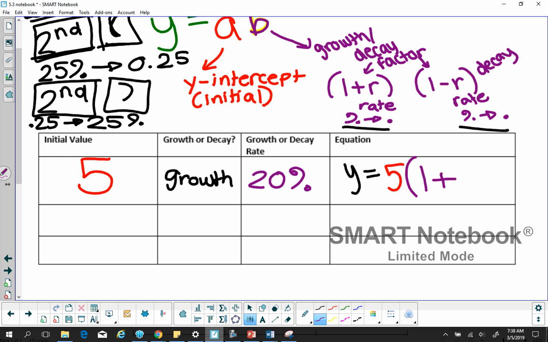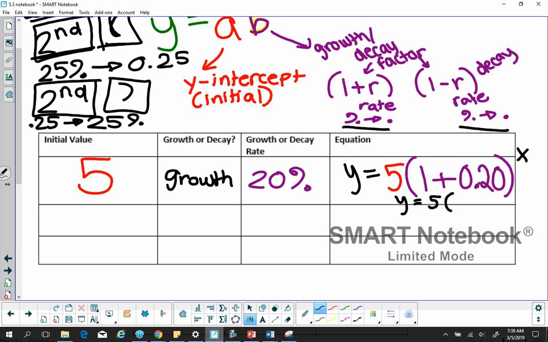20%, some of you just know 20% as a decimal, which is 0.2 or 0.20. If you don't, you just put 20, second, in that parentheses and it will change it to 0.2 or 0.20 for you. And then to the x. Does that make sense? So now we're dealing with percents. Percent increase, percent decrease. You probably won't see this as an answer choice. So the last thing you want to do is just simplify 1 plus 0.20.